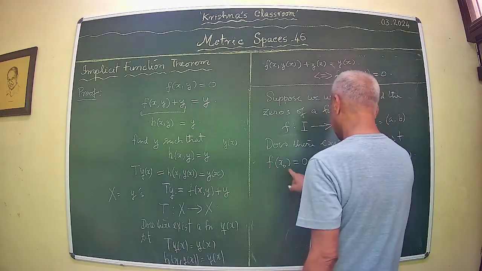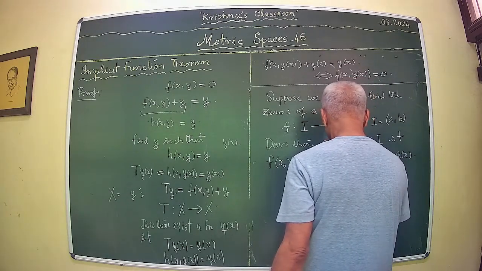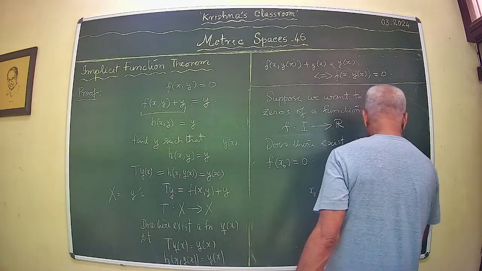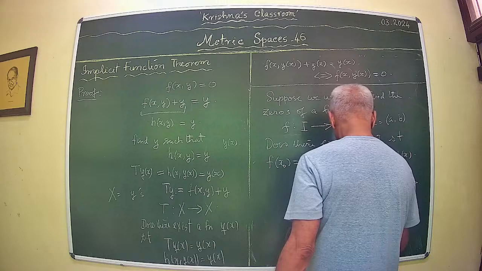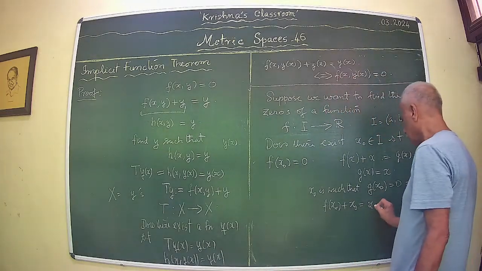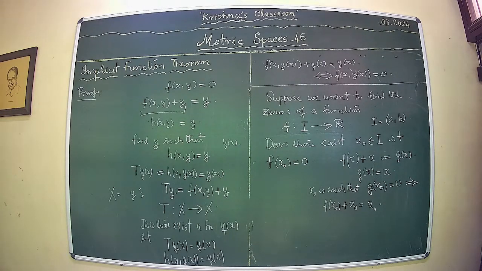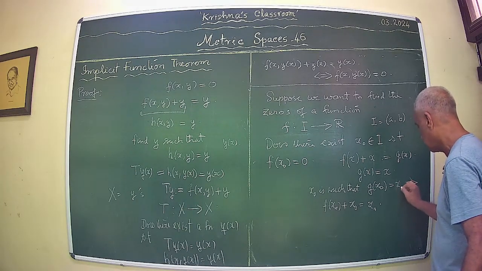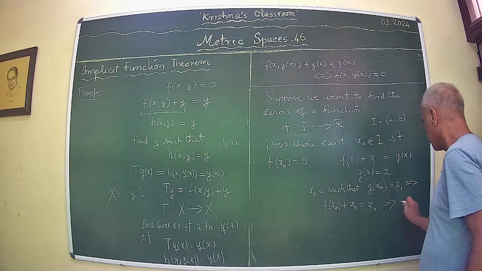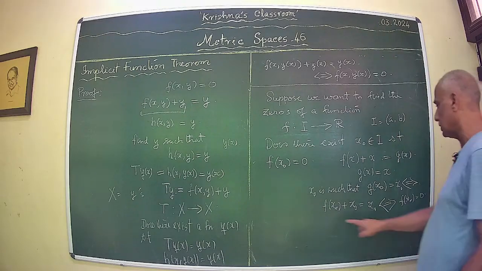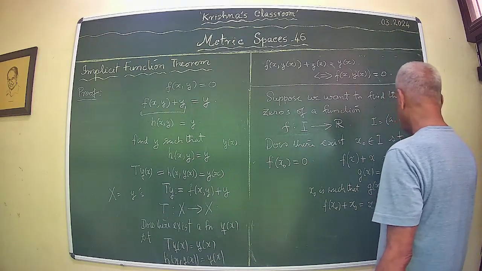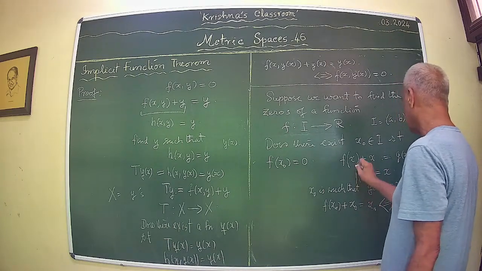Okay. So this problem is now equivalent to this problem. So if x naught is such that F(x naught) equals 0, then F(x naught) plus x naught equals x naught, and then g(x naught) equals x naught, so this is a solution of the equation g(x) equals x.